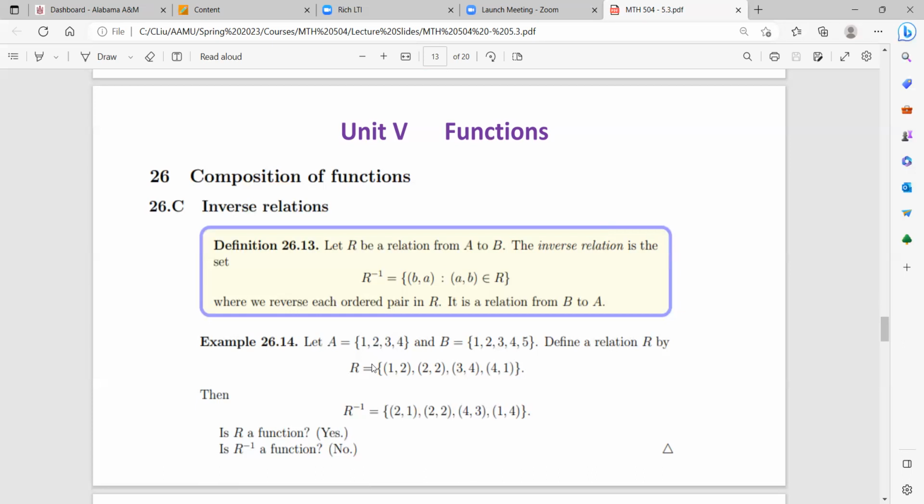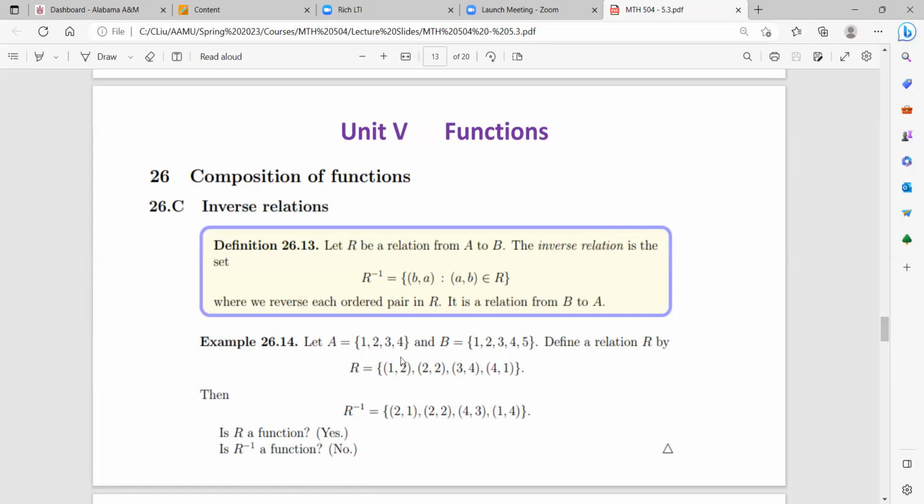So for example, if we have two sets A and B, A includes 4 numbers, 1, 2, 3, 4, and B includes 5 numbers, 1, 2, 3, 4, 5. And you can define any relation from A to B. So that'd be all the pairs (1, 2), (2, 2), (3, 4), (4, 1). Okay. So this relation has 4 ordered pairs.